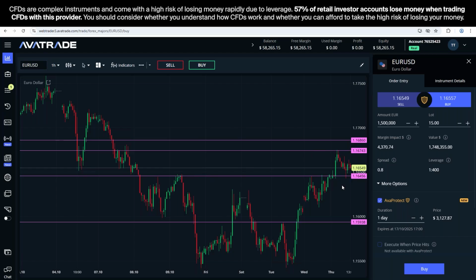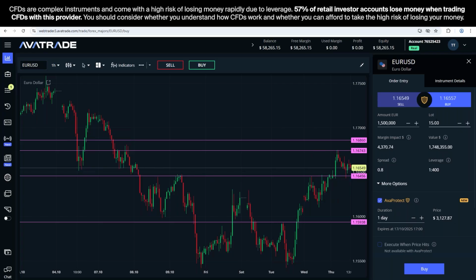I don't have to put a stop loss because it'll stay open and protected. And if it crashes, any losses are paid back by the protection. And any gains are yours. You just pay up front the cost of the protection for that type of risk management.